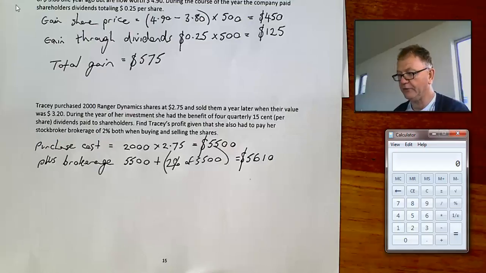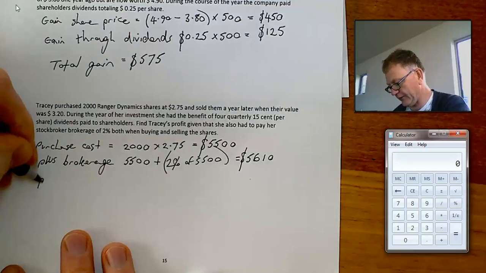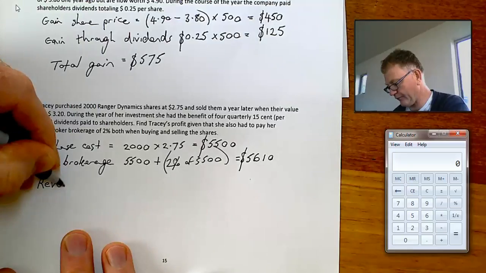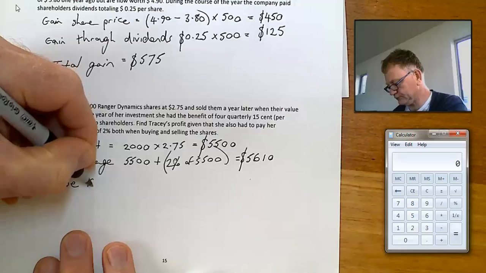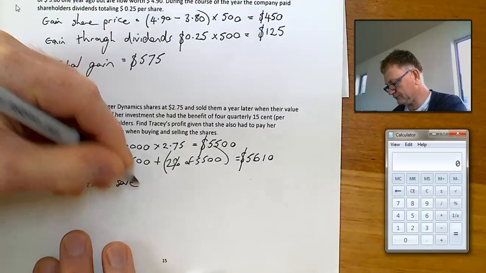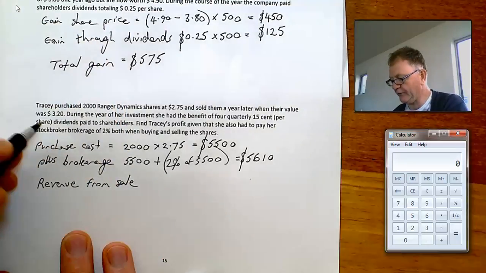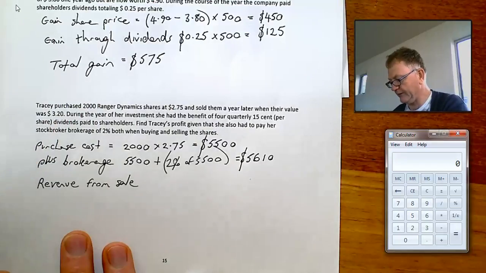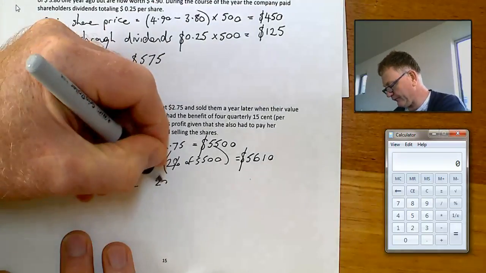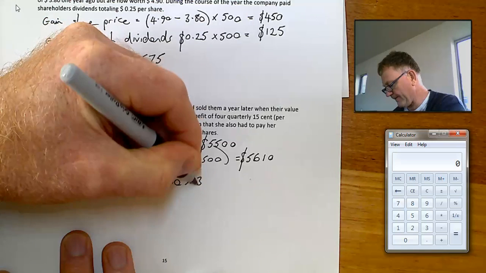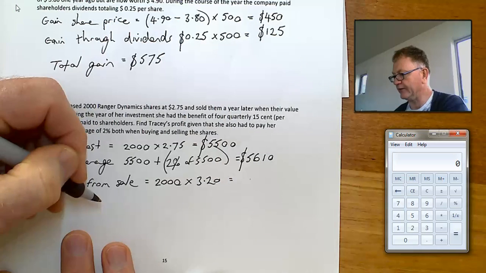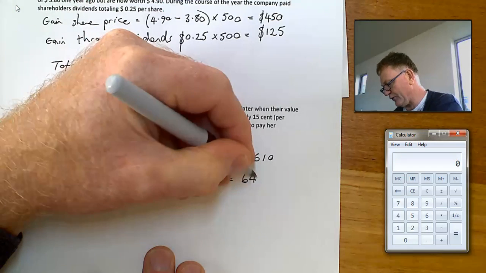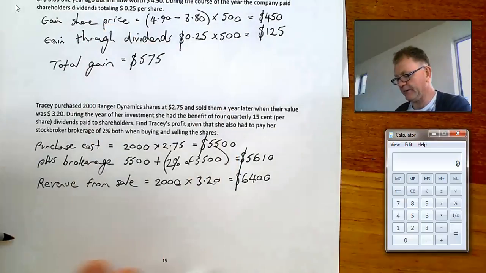Now when she sold them, she gets revenue from selling them. And they were sold for $3.20. She's still got 2,000 of them. That means that the amount that she gets from selling them will be $6,400, except she must also pay that brokerage again when she sells them.